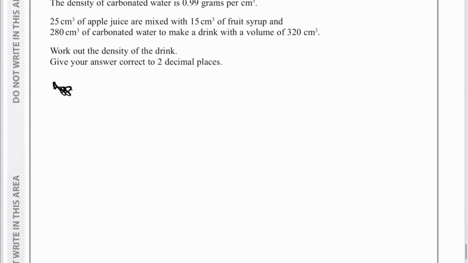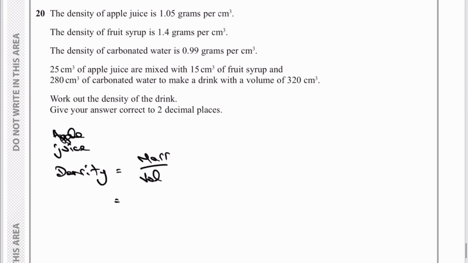Okay, so if I look at apple juice, what information have I got? Well, the formula is going to be density equals mass divided by volume. With the apple juice, we're told that the density is 1.05, and we're also told the volume is 25 centimeters cubed of apple juice.